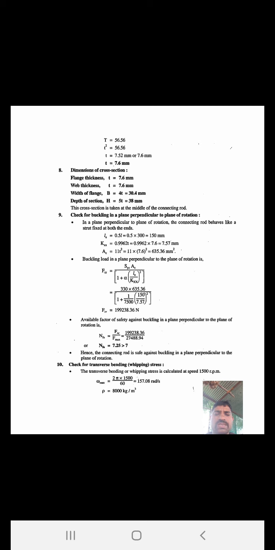Then the last is a check for the transverse bending stress or whipping stress. The transverse bending or whipping stress is calculated at a speed of 1500 rpm. W max is equal to 2 pi into 1500 divided by 60. Then rho is equal to 8000 kg per meter cube.